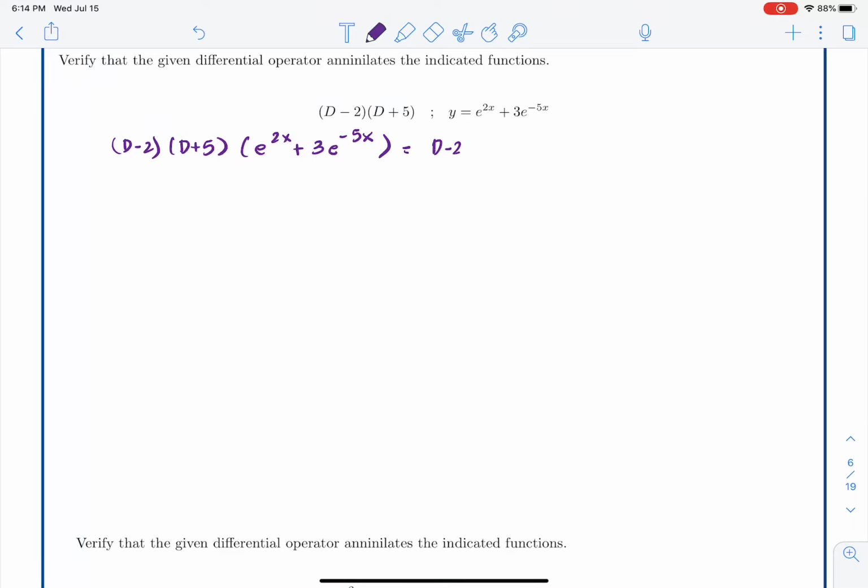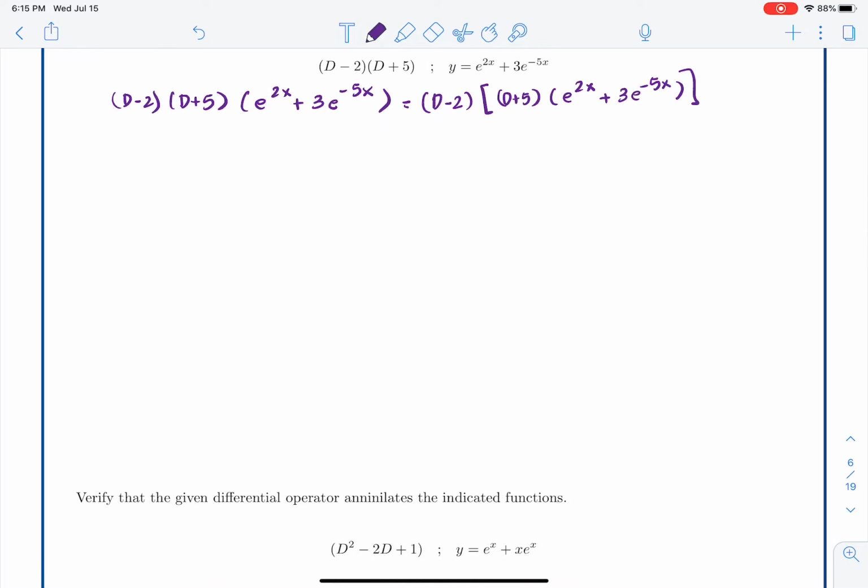So D minus 2 applied to D plus 5 multiplied by e raised to 2x plus 3 e raised to minus 5x. D minus 2 times the derivative operator applied to e raised to 2x plus 3 e raised to minus 5x, plus 5 e raised to 2x plus 3 e raised to minus 5x.